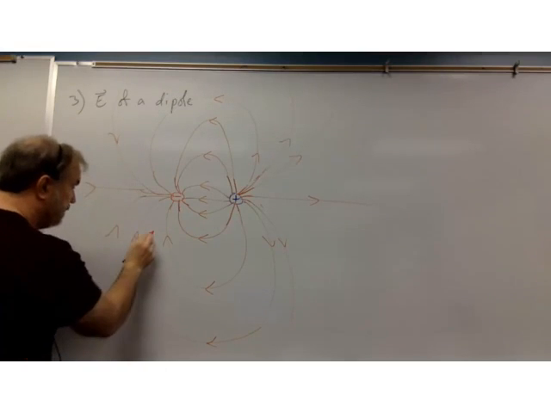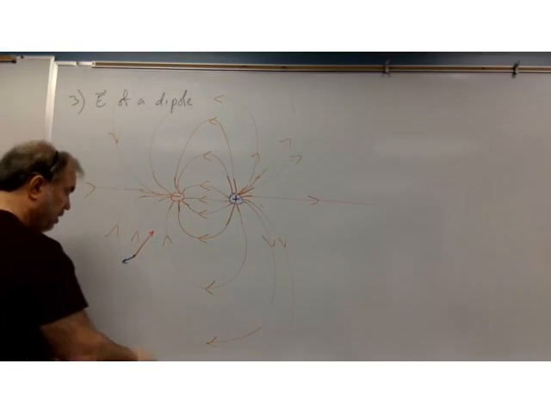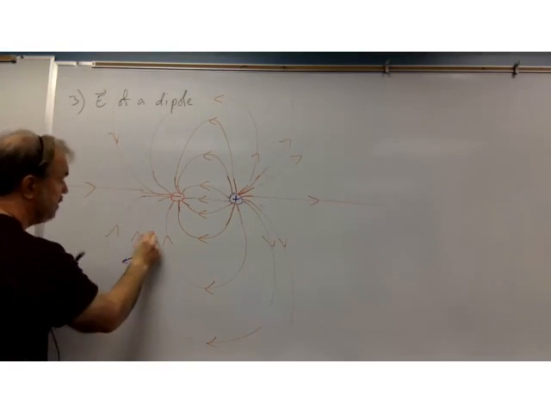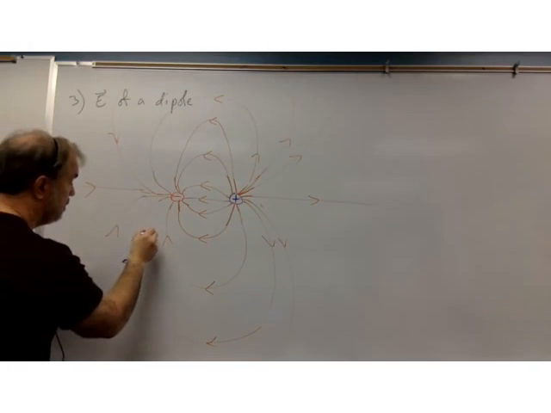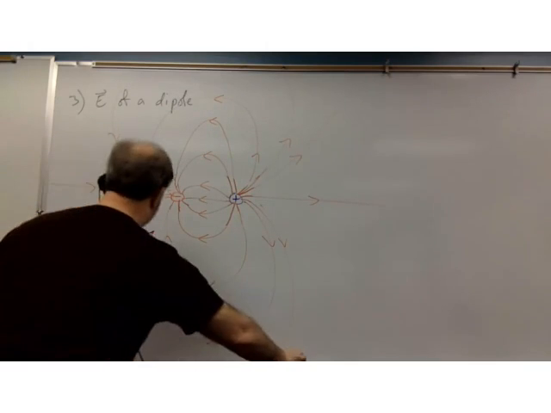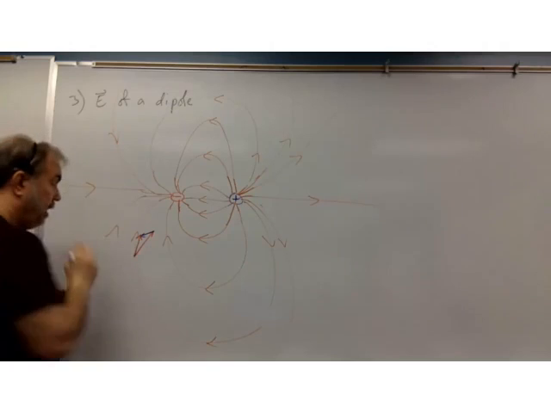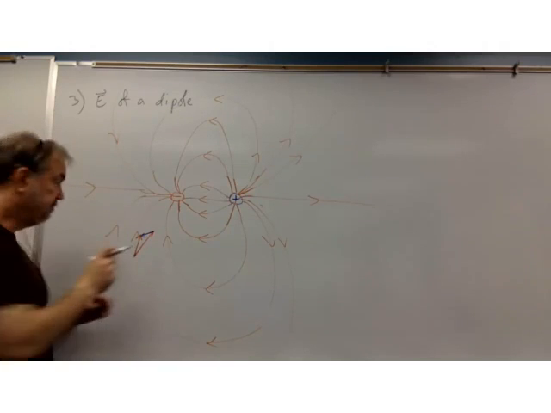And so, once again, I'm going to do vector addition, move this positive vector up here, tail to tail. Right? And then I will draw the vector sum of those, and yeah, I wasn't far off.